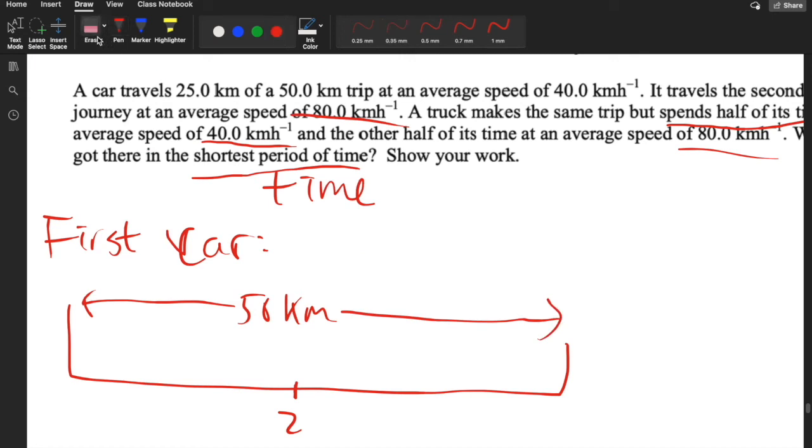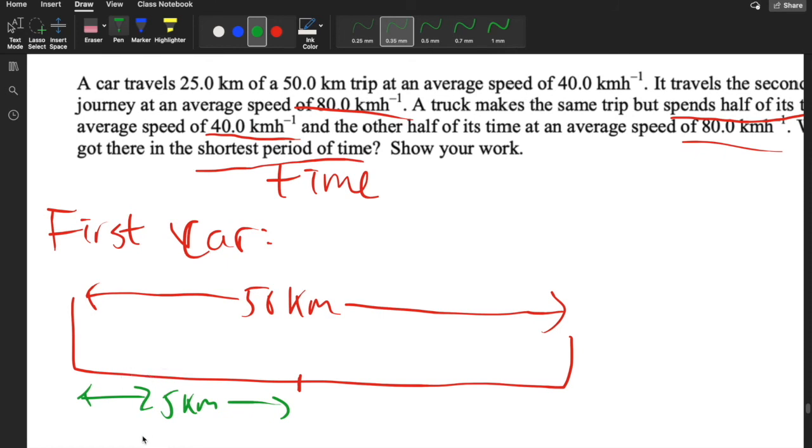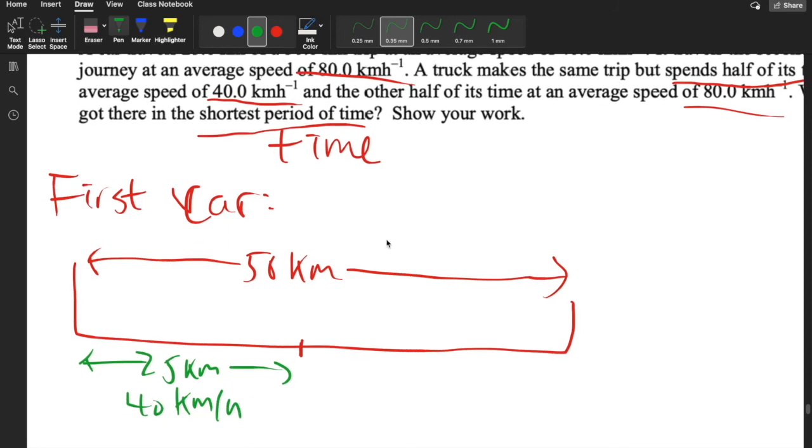And then it travels 25 kilometers at an average speed of 14 kilometers per hour. So what we can know here is here will also be 25 kilometers, right? So here will also be 25 kilometers.